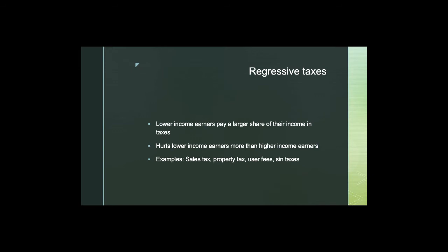That amount of tax hurts lower income earners more. The same is true with property taxes, which are not based upon income. It's based upon an assessed value of the property. The same is true of user fees. What are user fees? User fees are, for instance, the fee that you pay to get into a museum or a park.